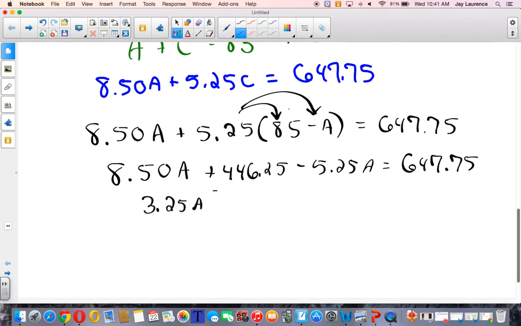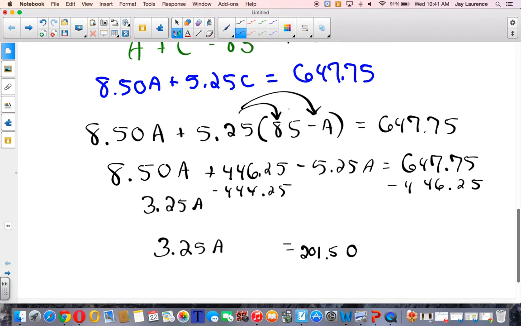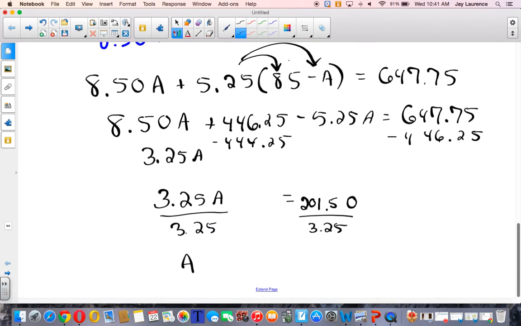And then I'm also going to subtract this 446.25 from both sides. And so I'll do 3 1/4 A, and that'll be equal to 201.50. I'm going to divide by 3 1/4, and then I should get a nice pretty whole number.